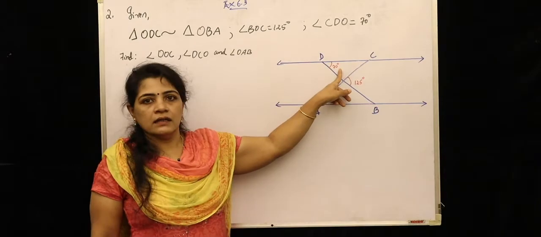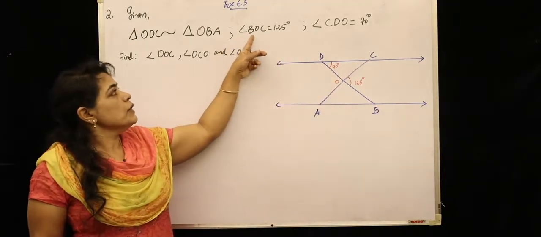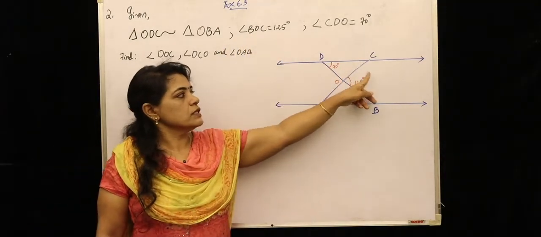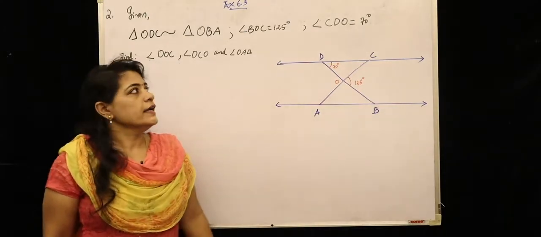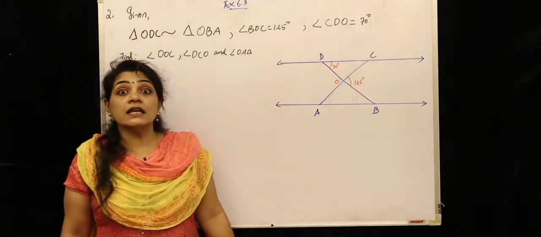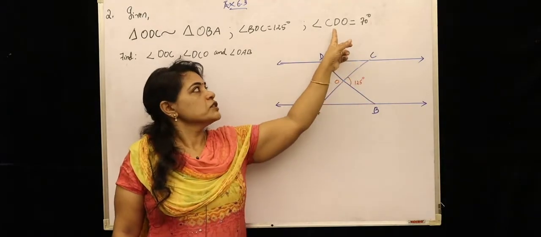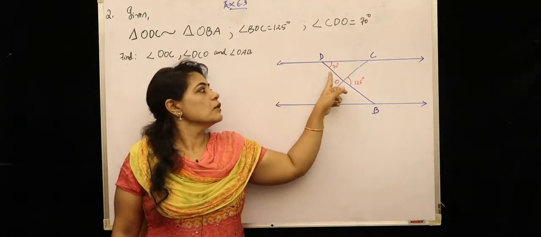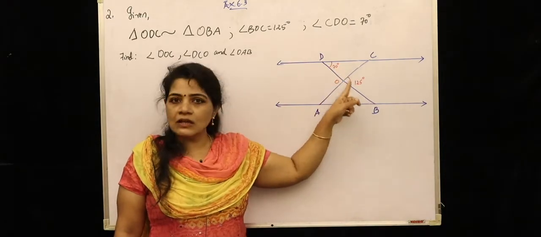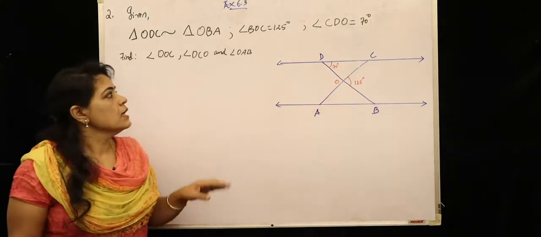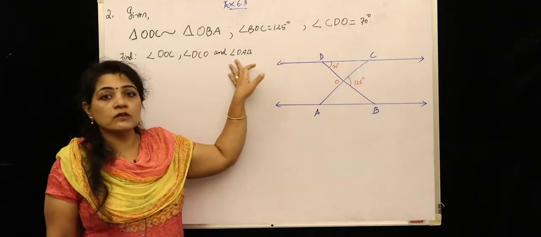Here this angle, angle BOC, is 125 degrees, and angle CDO, the middle letter D being the vertex, is given as 70 degrees. We have to find out the measures of these three angles.